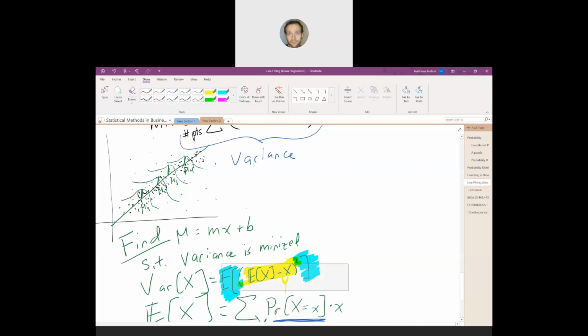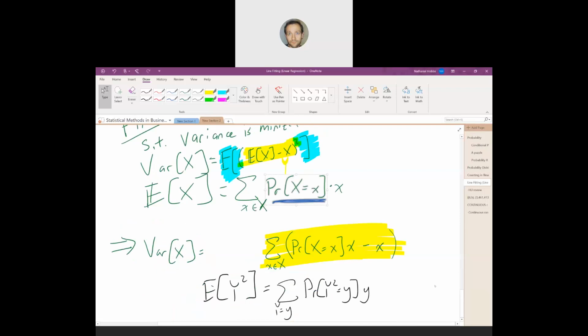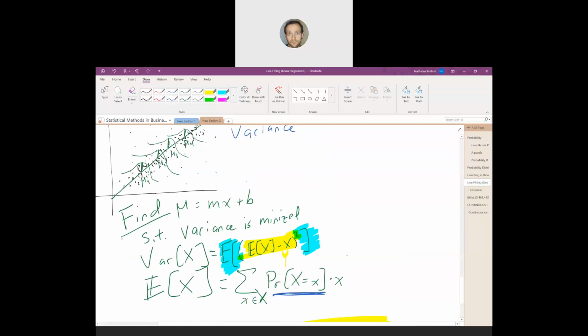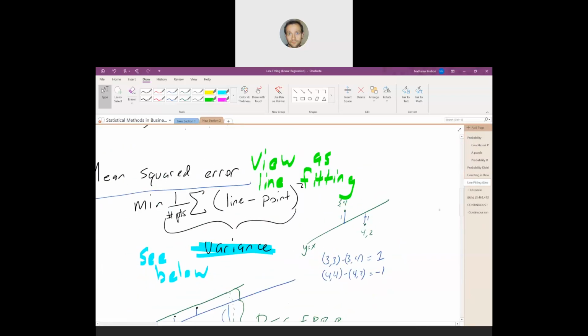And then you take the expected value of that, which is a weighted sum, which is an average. So that's a sum, and then you divide by some number. Here, you're dividing by the probability, and the probability is uniform along this whole thing. So this, the variance, this equation, is the exact same as this perspective.